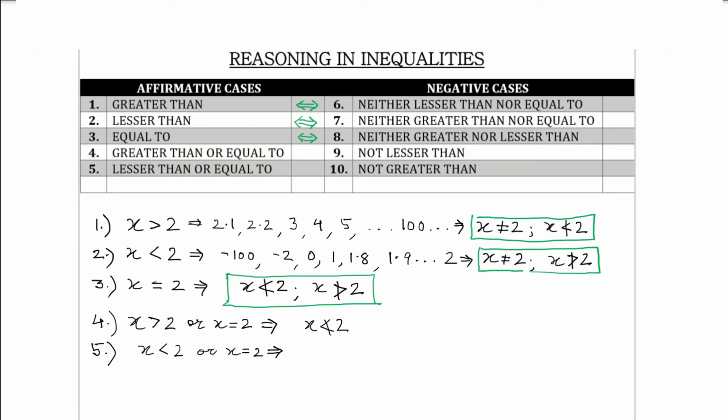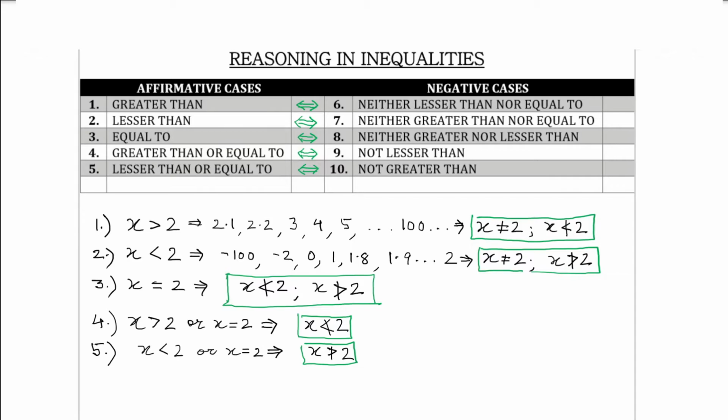So when we are saying x is less than or equal to 2, the negative of this is x should not be greater than 2. Let me put this inside a box so that we are able to establish a synergy. Point number 4 is the same as point number 9, and point number 5 is the same as point number 10. I hope you have understood this.